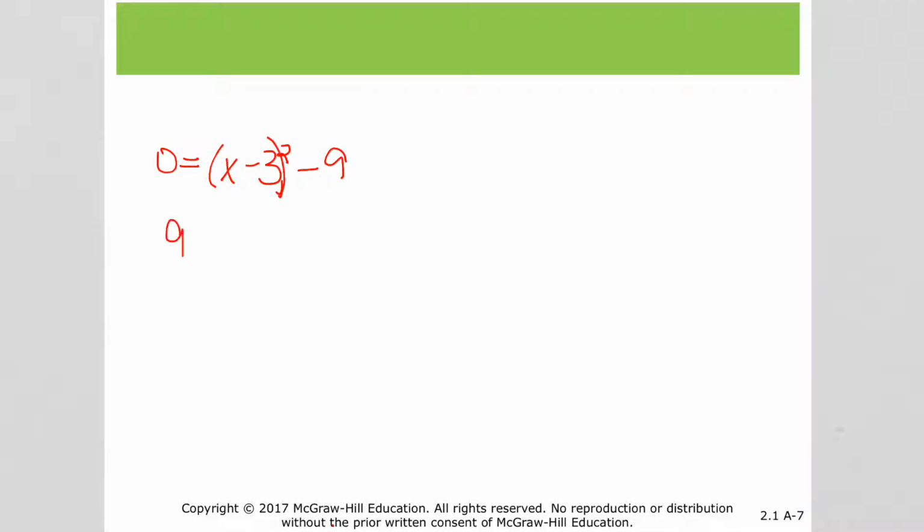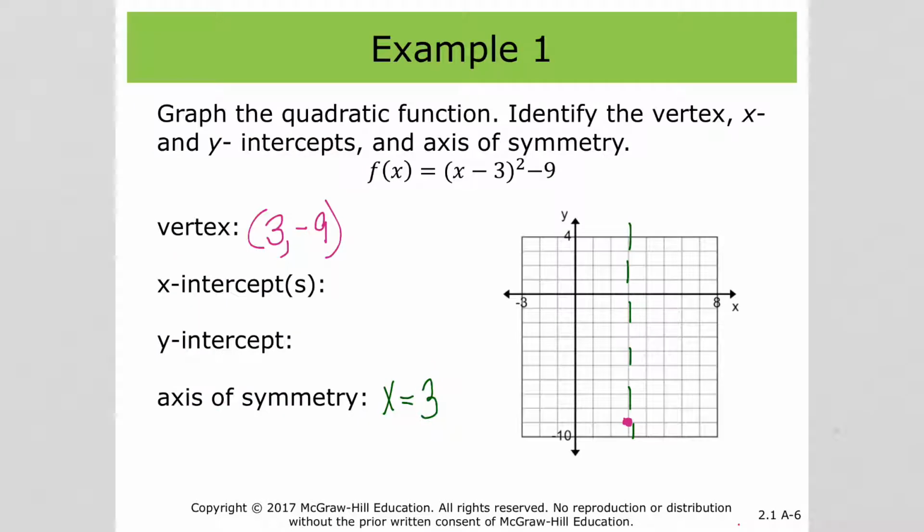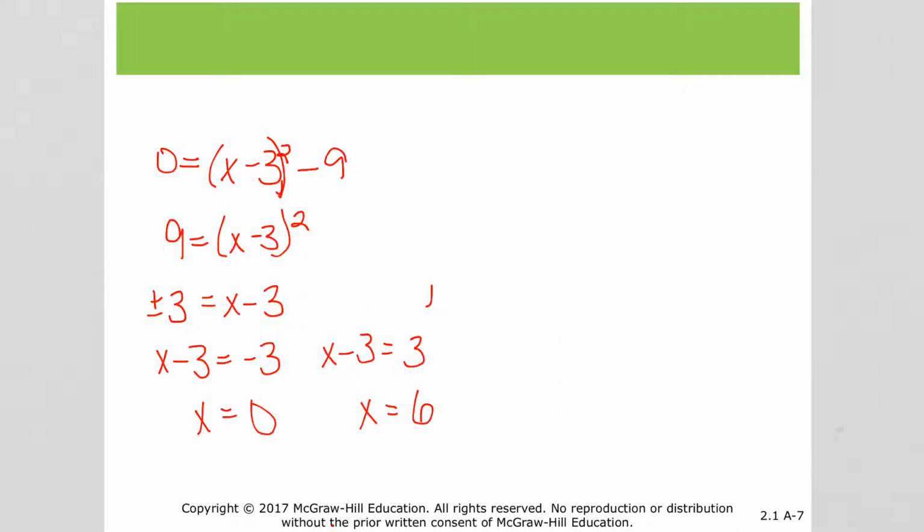Okay, so add 9 to both sides. Take the square root of both sides. And then we've got two situations here. X minus 3 could be negative 3, or x minus 3 can be positive 3. And so we figure out both of those by adding 3 to each side. And we've got 0 and 6. So the x-intercepts are (0, 0) and (6, 0).